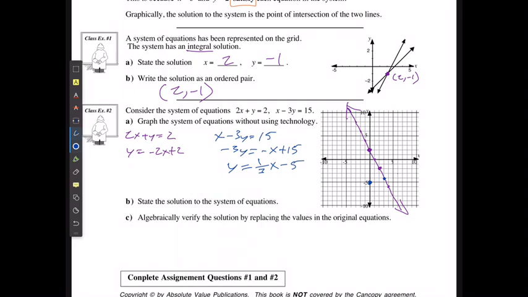So up 1, right 3. Connect those points. And if I need to state the solution to the system, it's going to be the point where they both cross right here at 3 and negative 4.